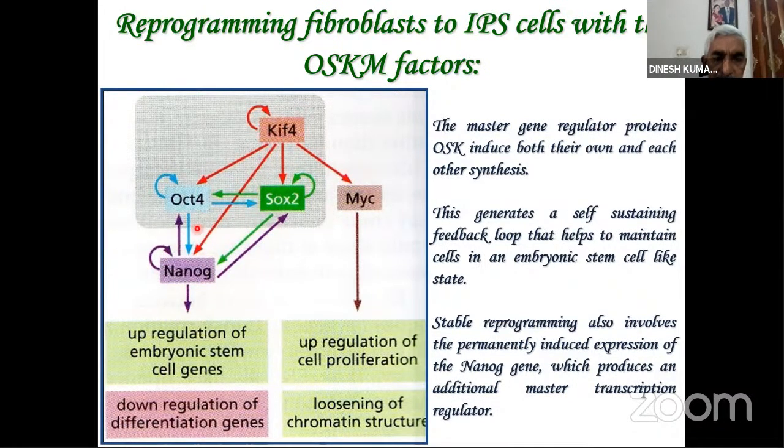By this activation, they also permanently induce expression of Nanog genes. With the help of this, there is upregulation of embryonic stage genes and downregulation of differentiation genes. MYC causes upregulation of cell proliferation and loosening of chromatin structure in induced pluripotent stem cells. So this is the technology which is working.